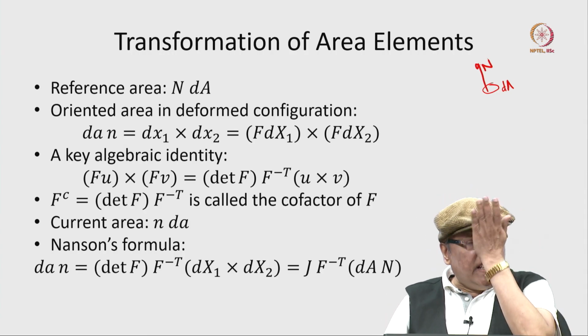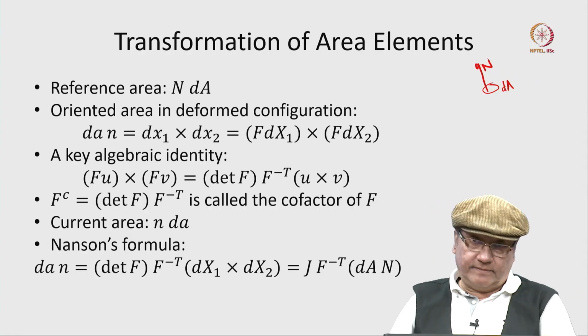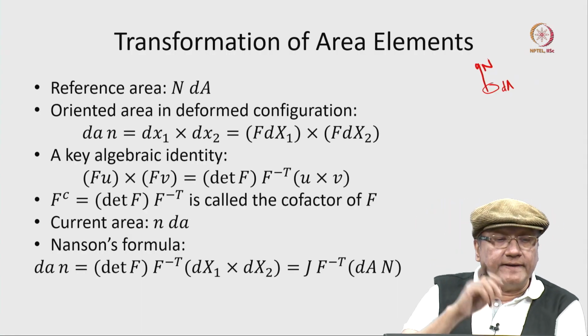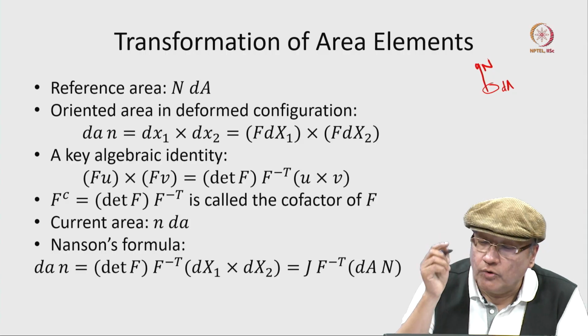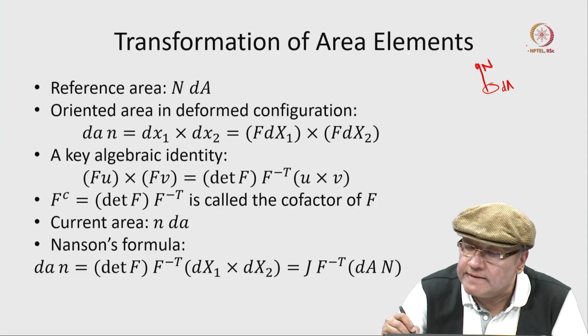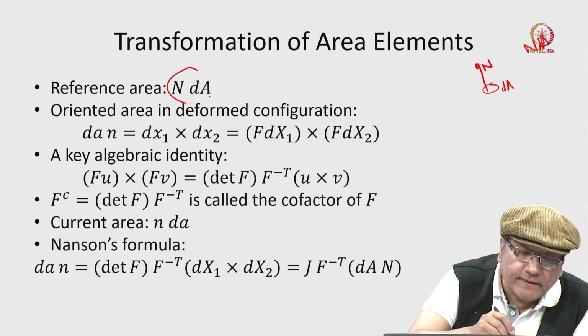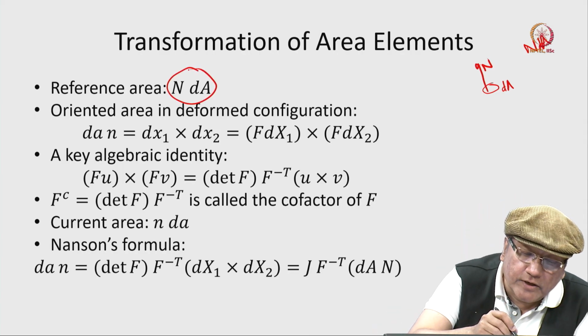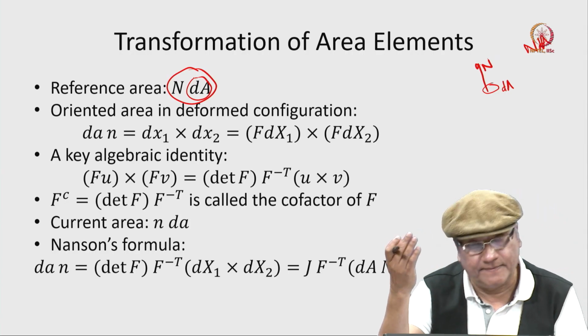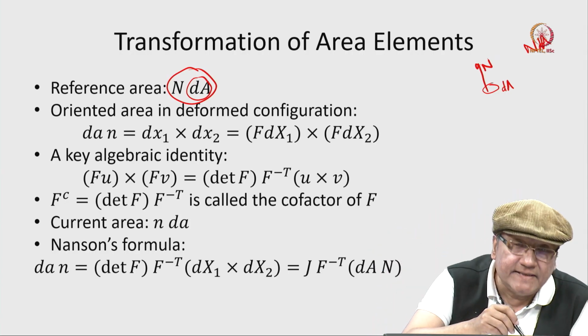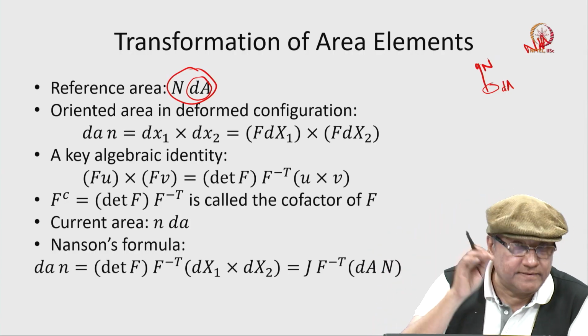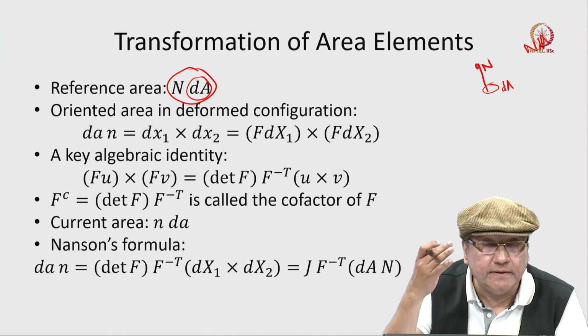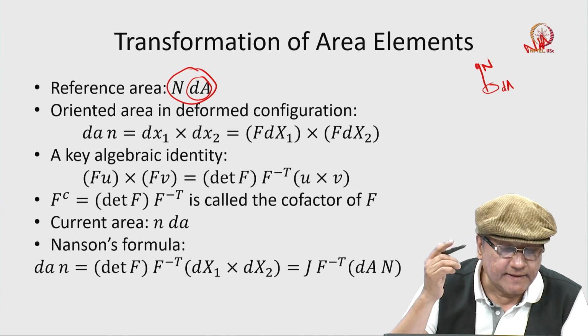So, an area element can be thought of as a vector represented through the normal vector. When we say N dA is a small area element, it essentially means that dA is a scalar and N is a vector. So, together it is a vector. The interpretation has to be right.